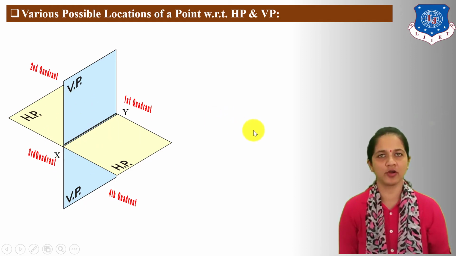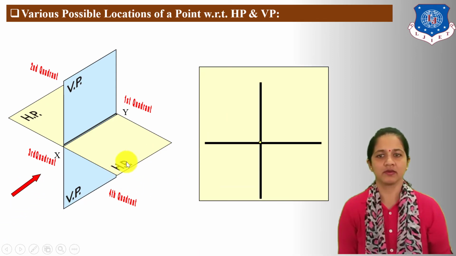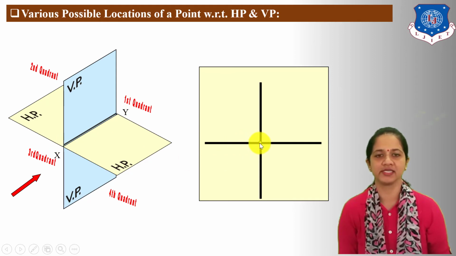If you want to draw its 2D presentation, then we need to observe this figure from this direction. So, the horizontal plane we can see as a horizontal line, the vertical plane we can see as a vertical line, and the XY line we can see as a point.